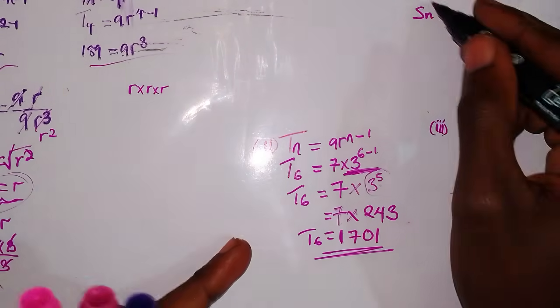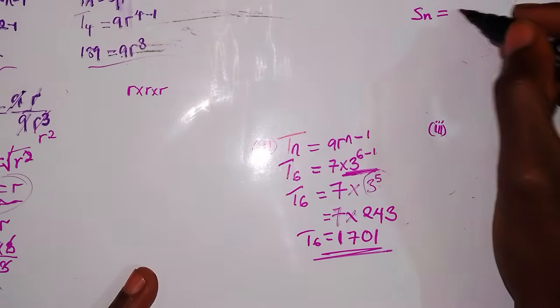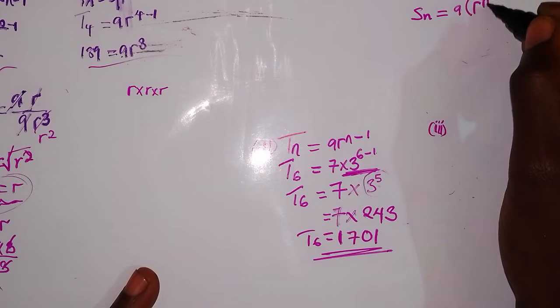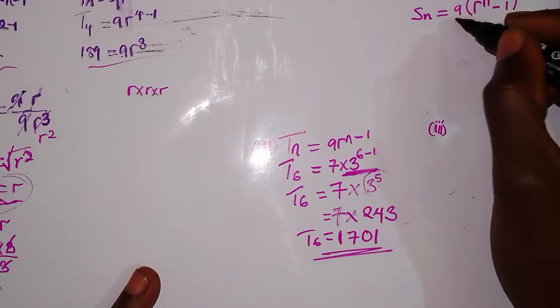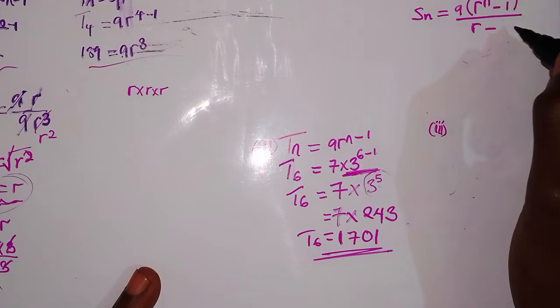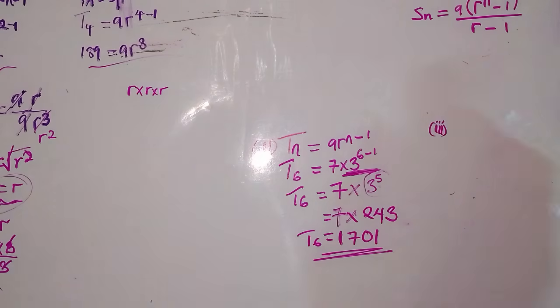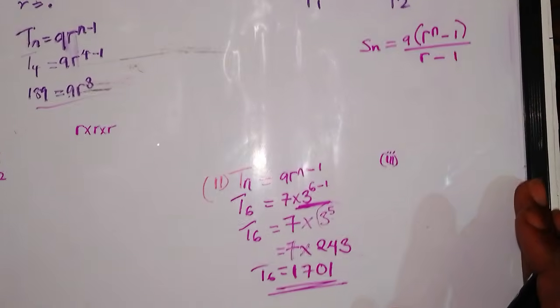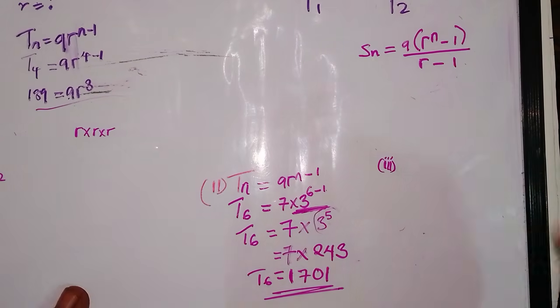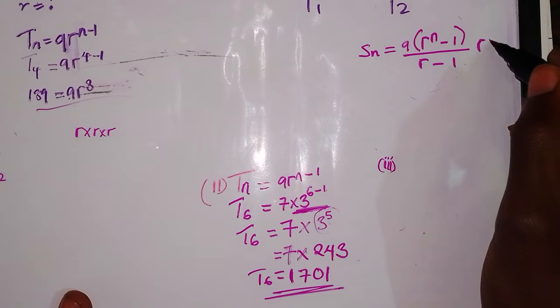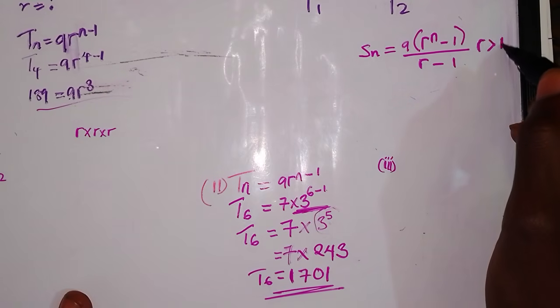So the first one is sum, which is A open brackets r to the power n minus 1 over r minus 1. So you only use this formula, I repeat, you only use this formula whenever your r is greater than 1.